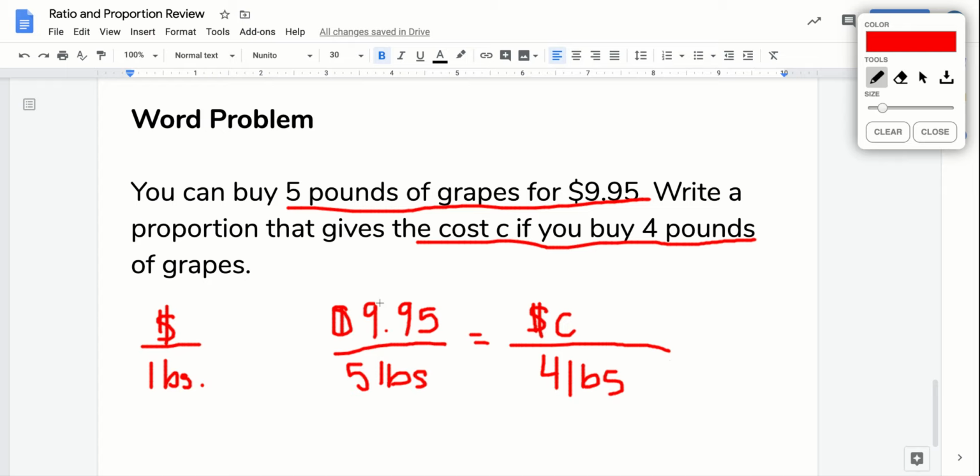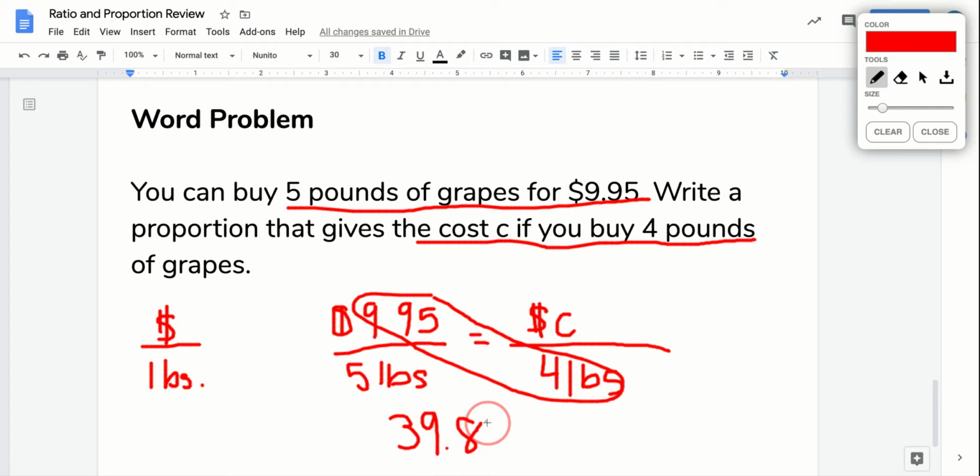Now I'm going to use cross products to multiply. So 4 times $9.95. $9.95 times 4 is $39.80, equals 5 times C, or just 5C.